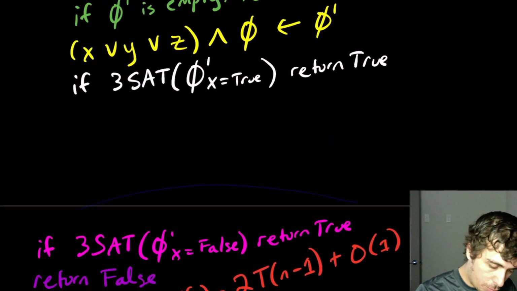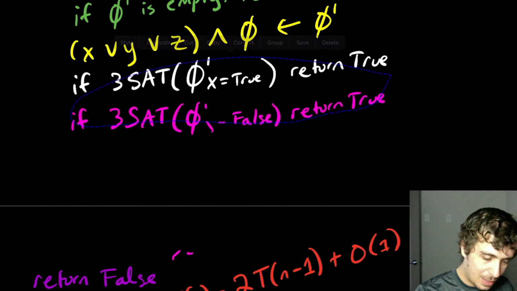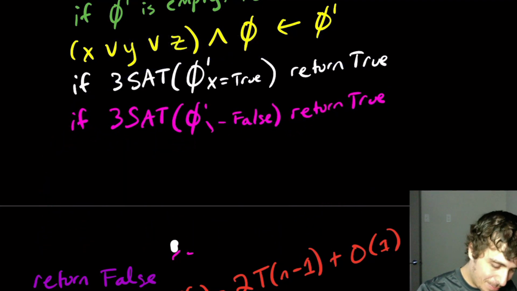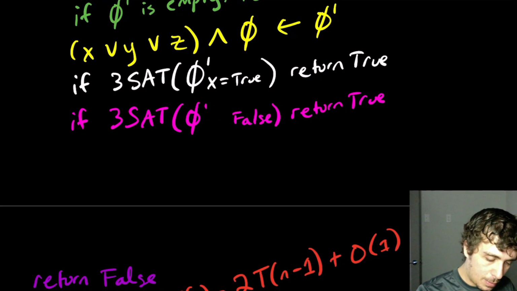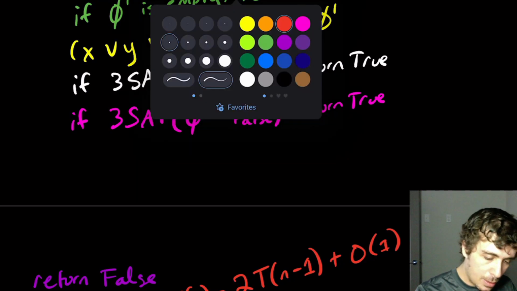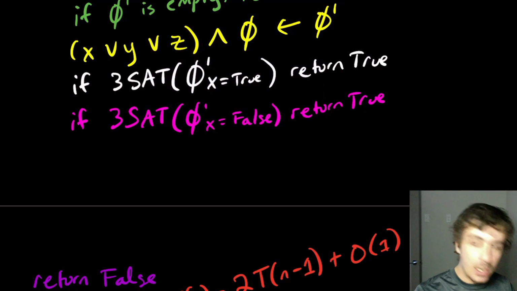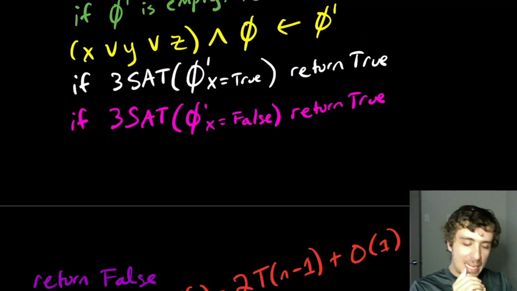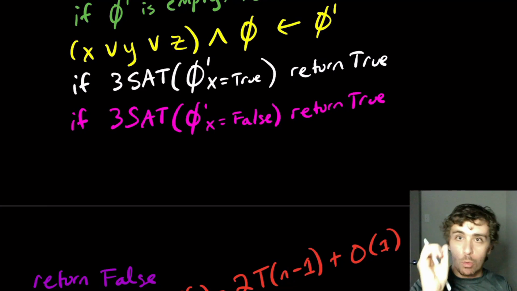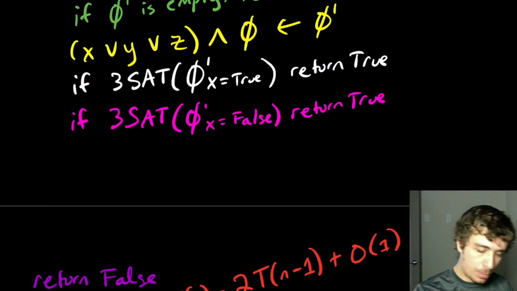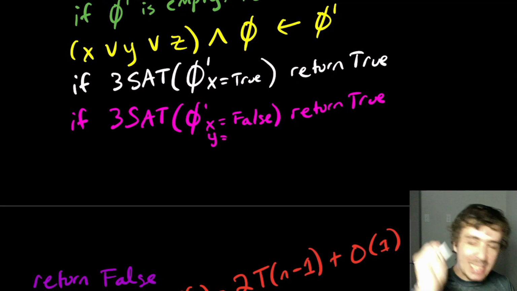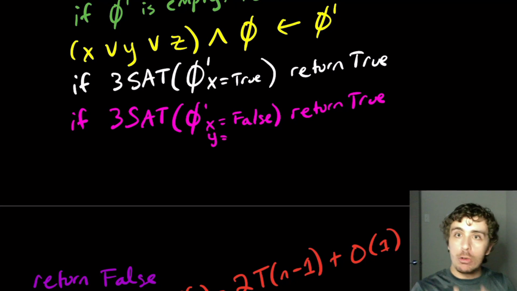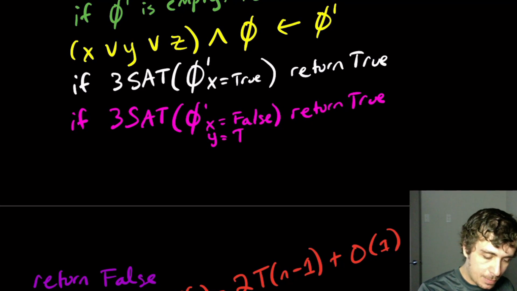And that's what we're going to do. So I'm going to bring this pink line back up. Oh, I lost a few along the way. So let's see. I'm going to have x to be false right here. But what I'm going to do next is look at the case where y is set to true. So I know x has to be false no matter what, so we might as well set another variable and then work with that.